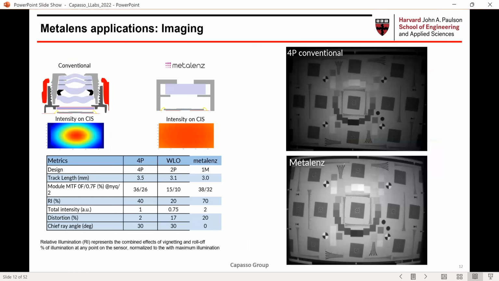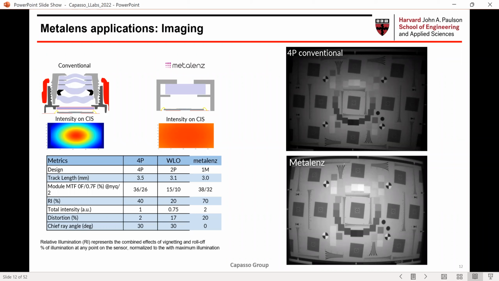One of the advantages for sensors, I'm going to step back one slide, is here. On the left, you see a conventional sensor. So there is the sensor chip, and on top, there are multiple lenses of different material, refractive lenses, plastic lenses that have to be aligned extremely carefully.